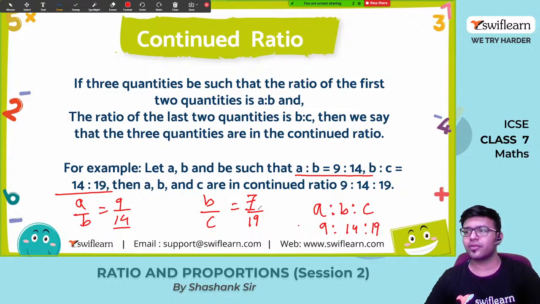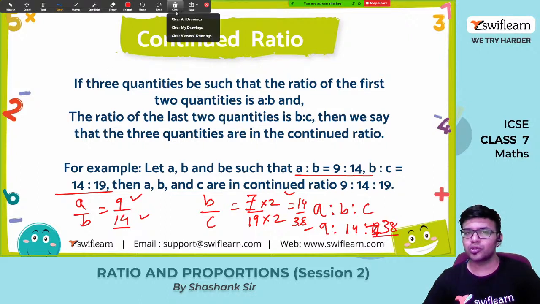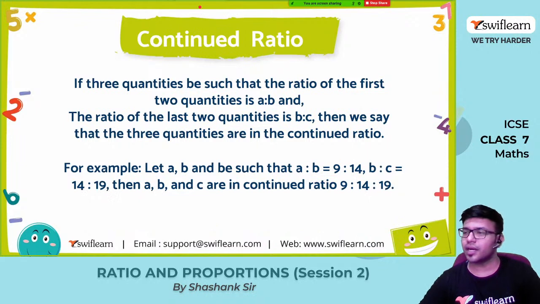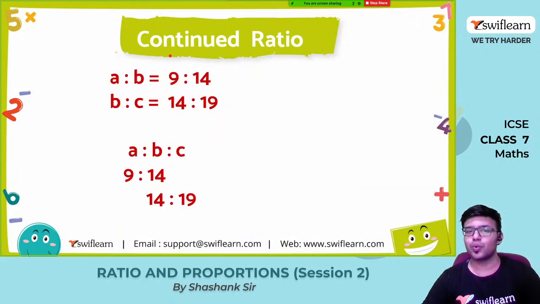So multiply this by 2, multiply this by 2. 7 times 2 is 14, 19 times 2 is 38. So now this is 9, this is 14, this is 14, this is 38. In this case, the continued ratio will be 9 is to 14 is to 38. Problems like this we will solve soon. So this is continued ratio.